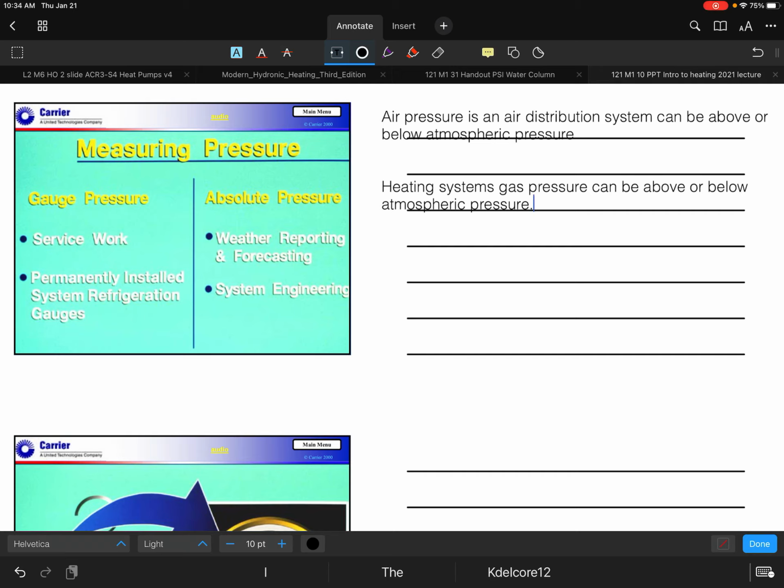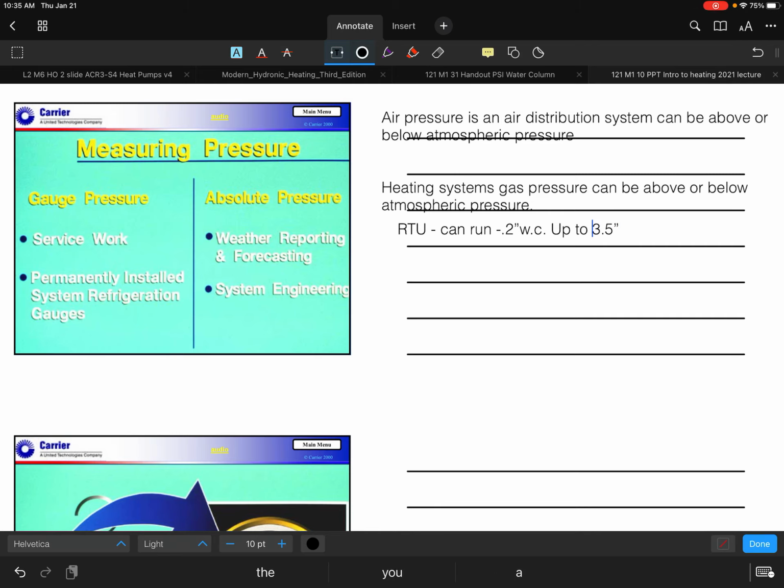For example, like a Trane rooftop, some of the rooftops can run negative, basically like negative 0.2 inches of water column on up, and some of these will run the typical standard 3.5 inches of water column, and that's positive.